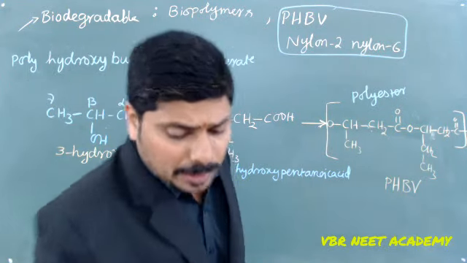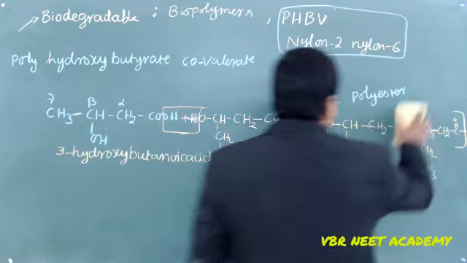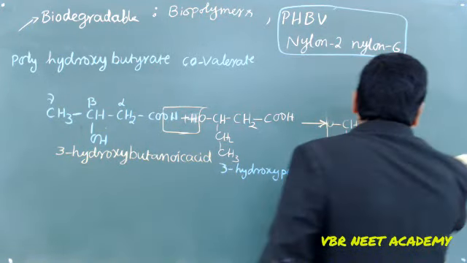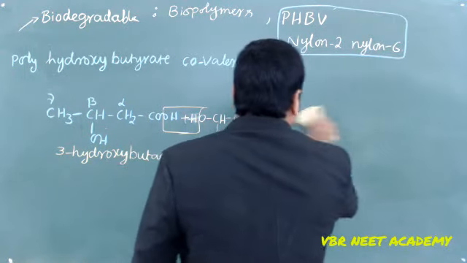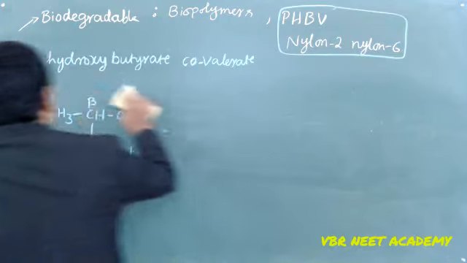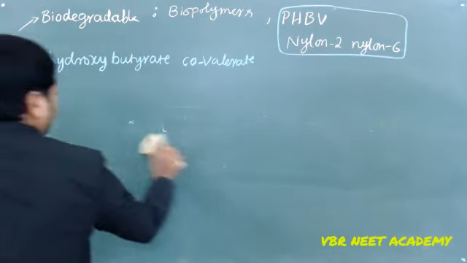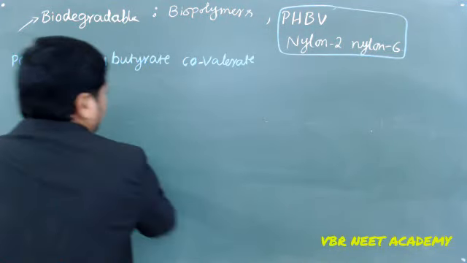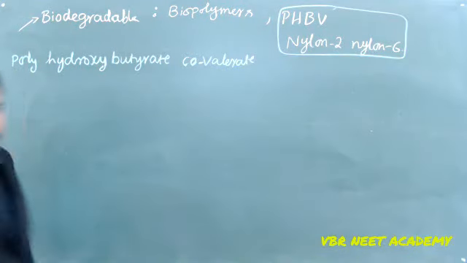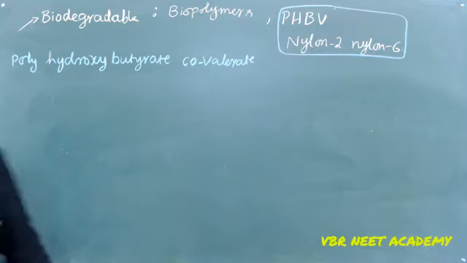Now coming to nylon 2 nylon 6. Nylon 2 nylon 6 is a polyamide. What is a polyamide? Where we can see the amide linkage many times. Here, what we have seen is an ester linkage.